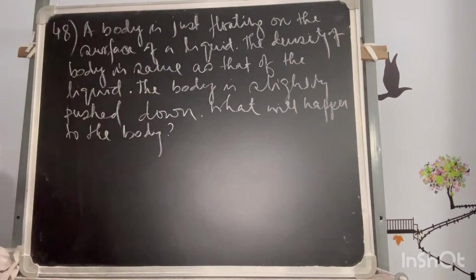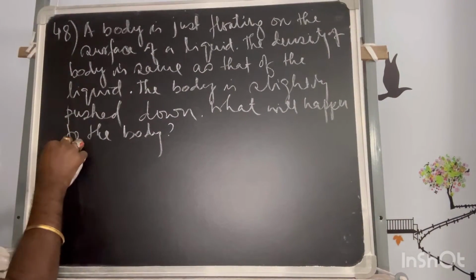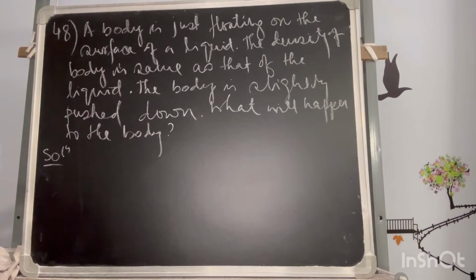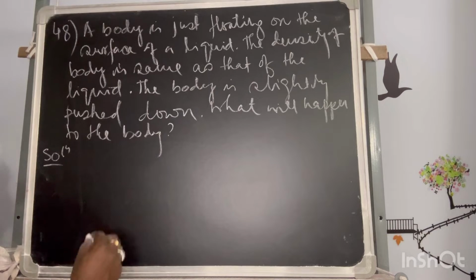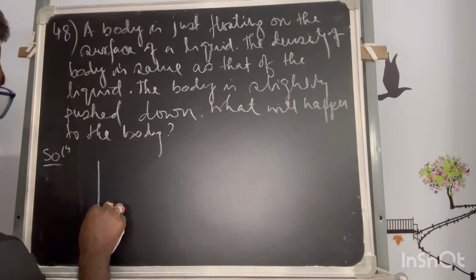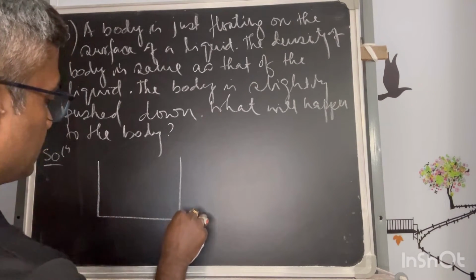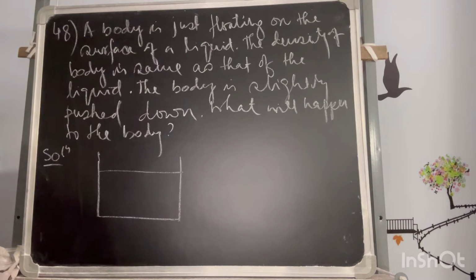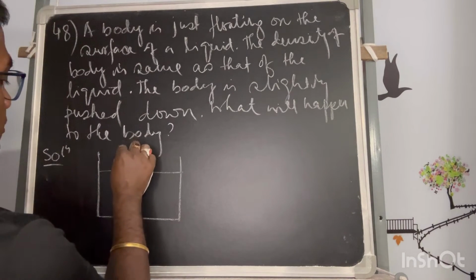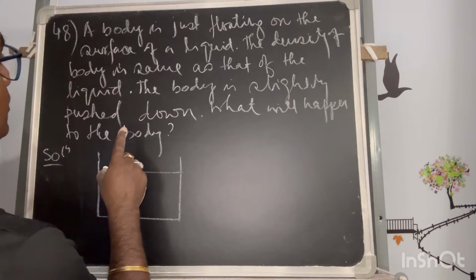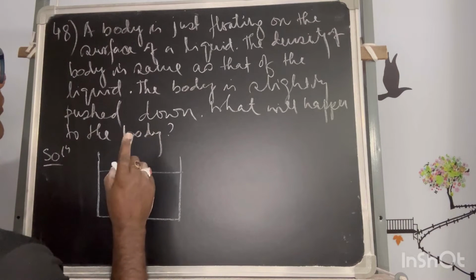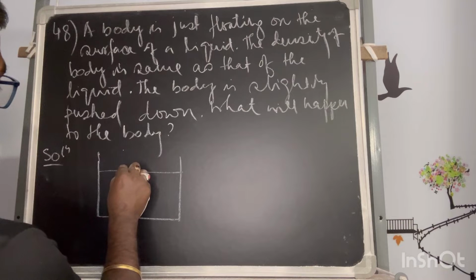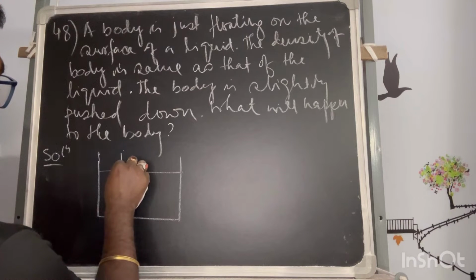So what it says, a body is just floating on the surface of the liquid. So if I say this is an arrangement where the liquid is taken, a body is just floating on the surface of the liquid. So that means the body is somewhere here.